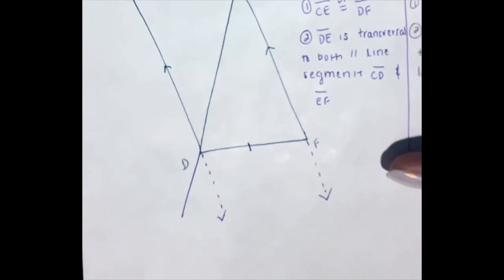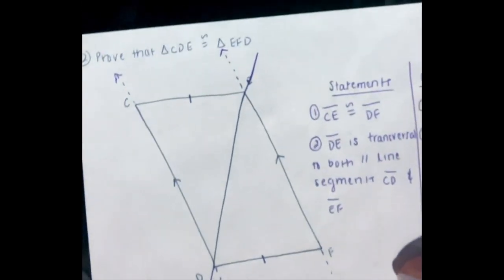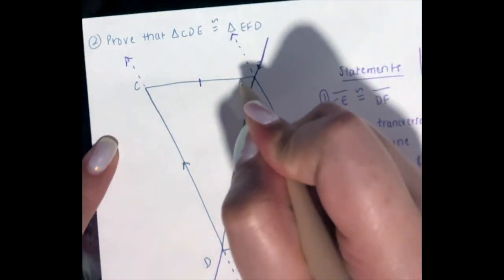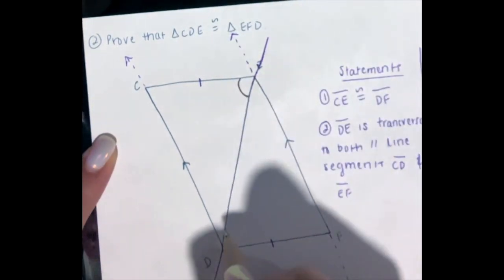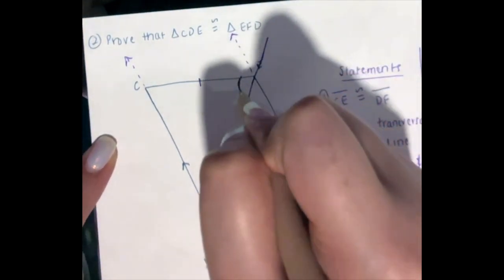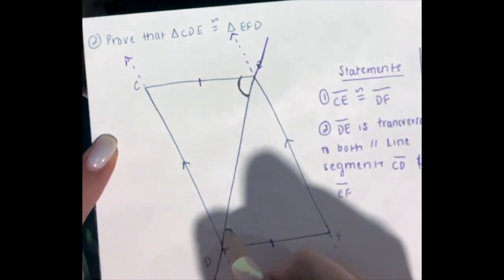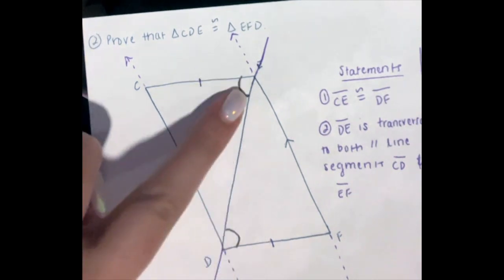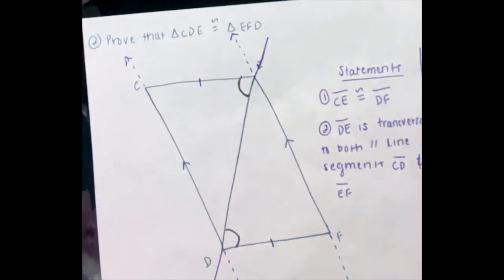We can say that this angle is congruent to this angle because alternate interior angles of a transversal line are congruent.